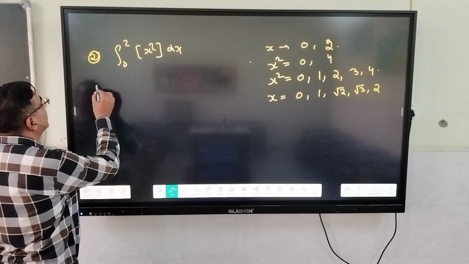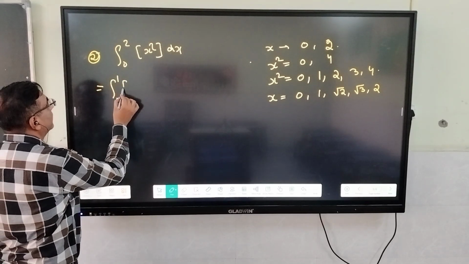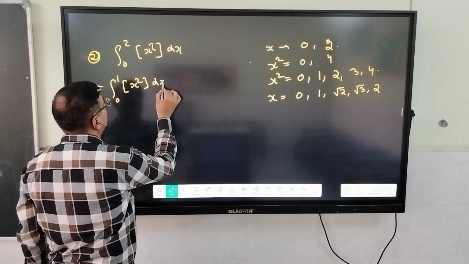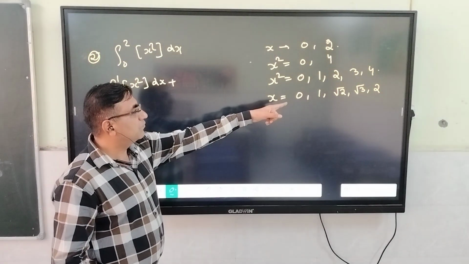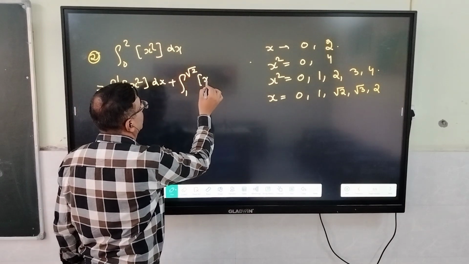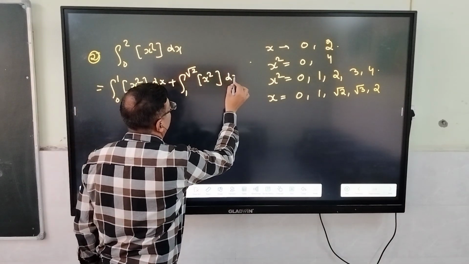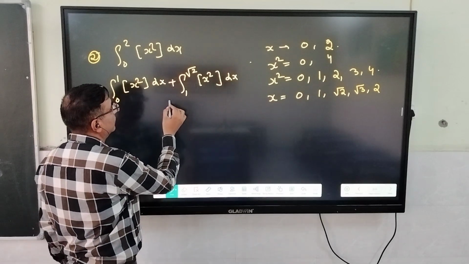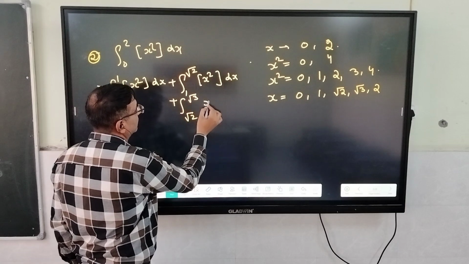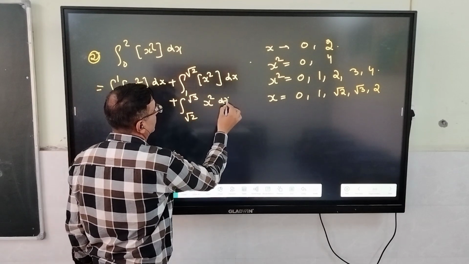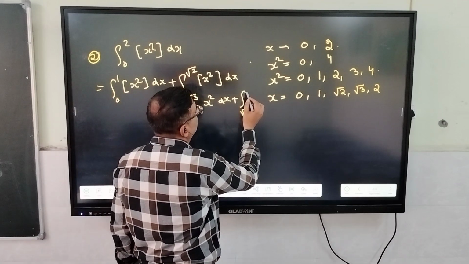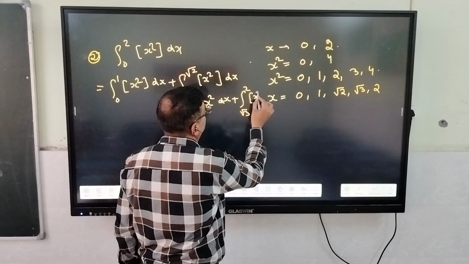So now we will break it: 0 to 1, greatest integer of x squared dx, plus 1 to root 2, greatest integer of x squared dx, plus root 2 to root 3, greatest integer of x squared dx, plus root 3 to 2, greatest integer of x squared dx.